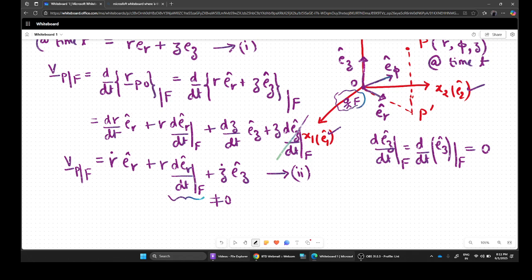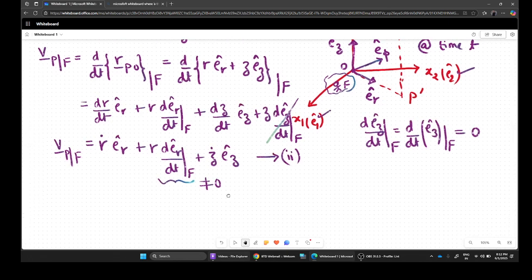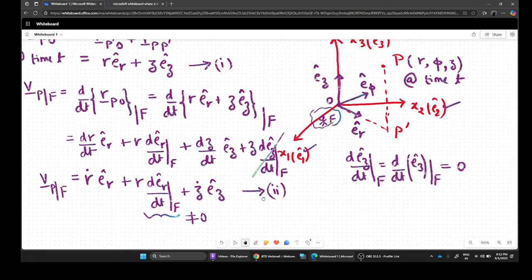Thus this derivative seems to be non-zero. We will have to do something about this. What exactly is this quantity?